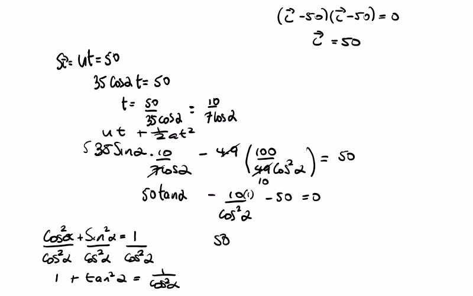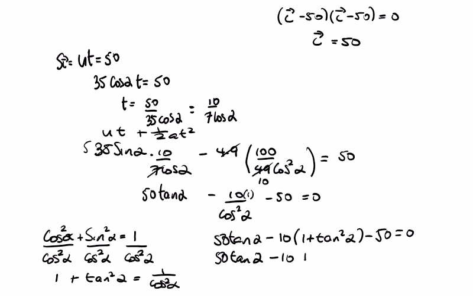So I'm going to get 50 tan alpha minus 10 times 1 plus tan squared alpha minus 50 equals 0. So just multiply this out without rushing it. 50 tan alpha minus 10 minus 10 tan squared alpha minus 50 equals 0.